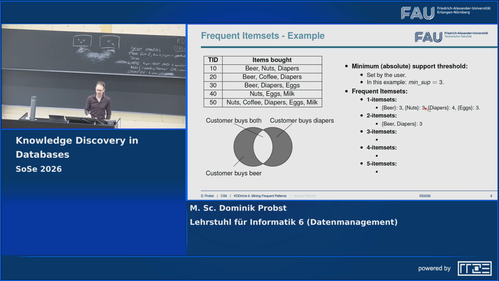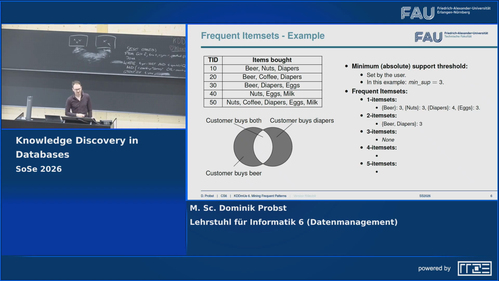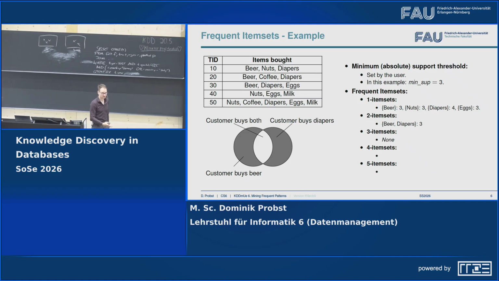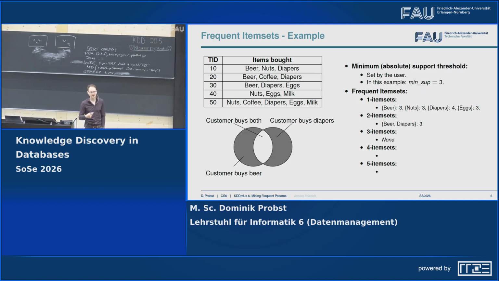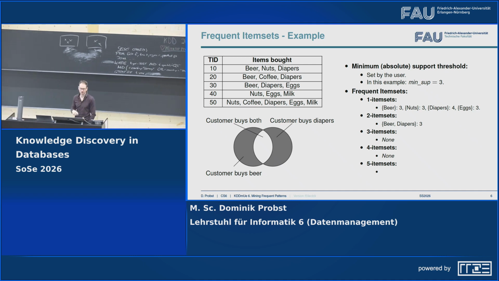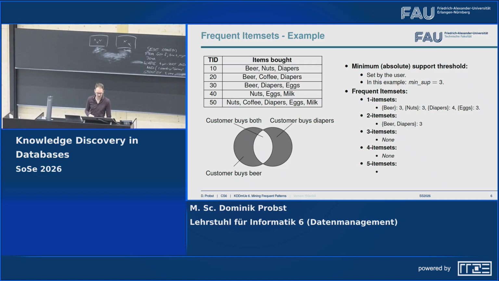So beer and diapers occurs 3 times in total, and therefore we have a frequent 2 item set, beer and diapers. Since no combination of 3 items is present more than 3 times in our transactional database, we have no 3 item set that is frequent, no 4 item set that is frequent, and no 5 item set that is frequent.